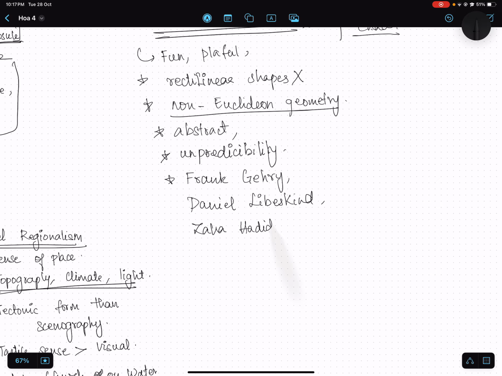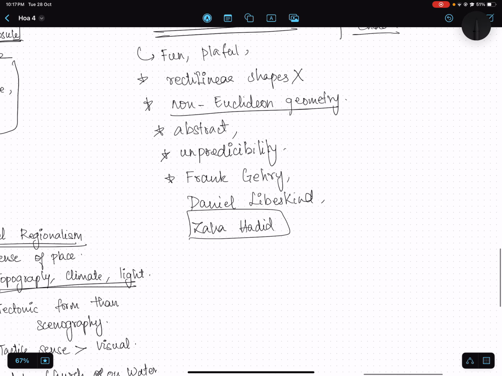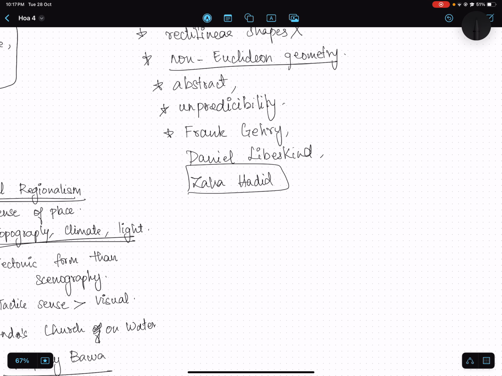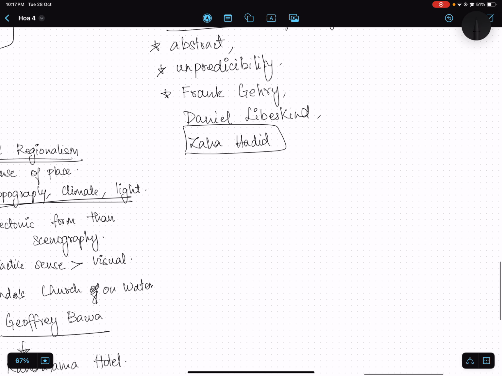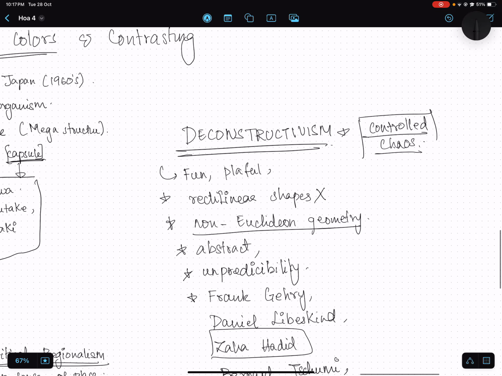She is more into fluidity, but some of her structures pertain to the deconstructivism style a lot. Then we have Bernard Tschumi, even Rem Koolhaas, etc.